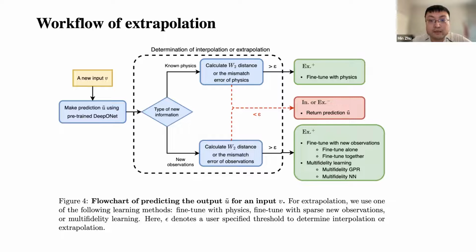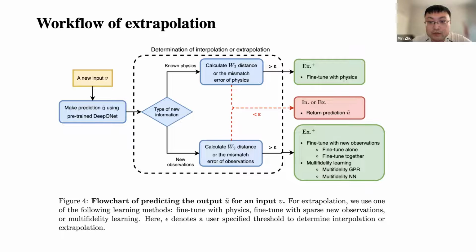One is the physics, which is the governing equations of the system with suitable initial and boundary conditions. And another is the sparse observations, which means that we have sparse observations of the output functions at N locations.